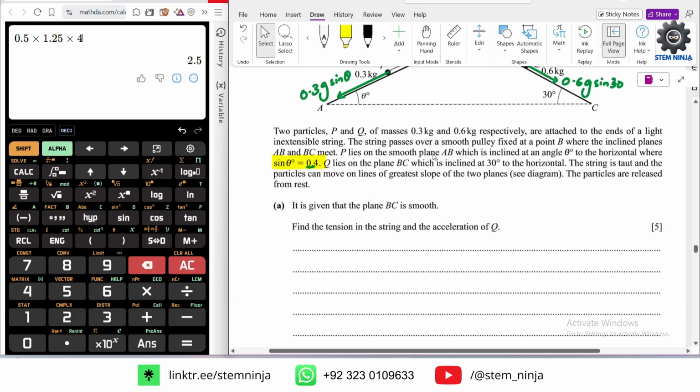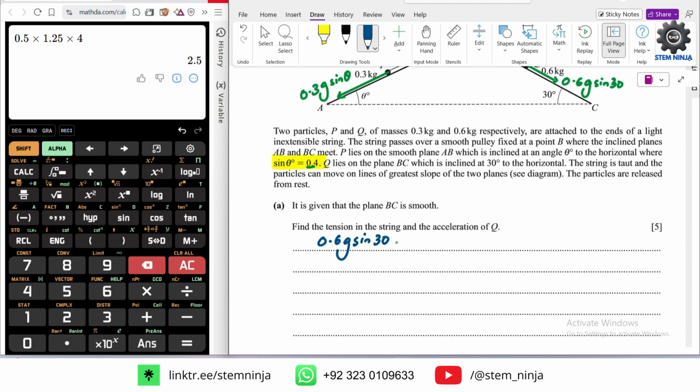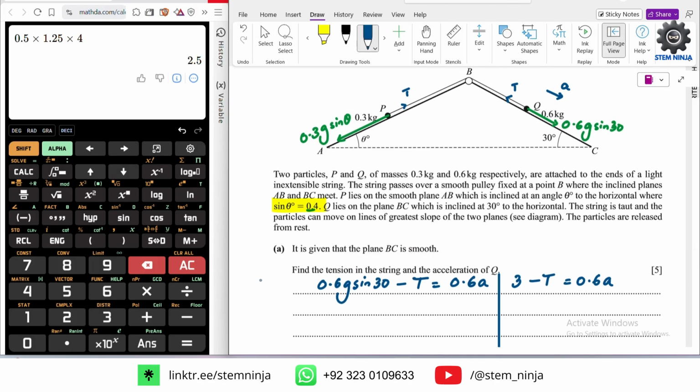So we have 0.6 g sine of 30 minus tension is equal to 0.6a. We can simplify this: 0.6 times 10 times sine 30, 6 divided by 2 is just 3, minus T equals 0.6a. That is the equation for Q.